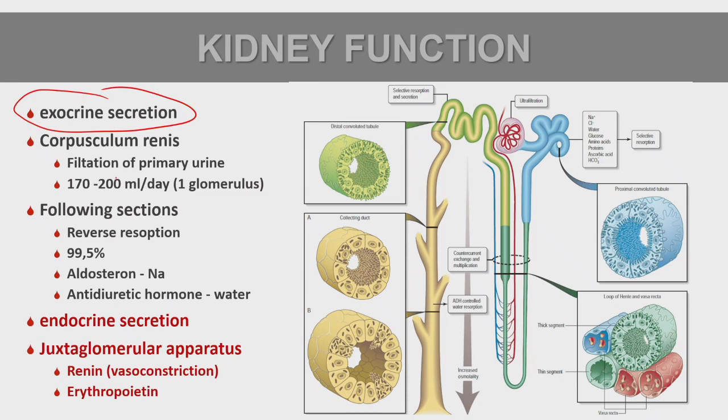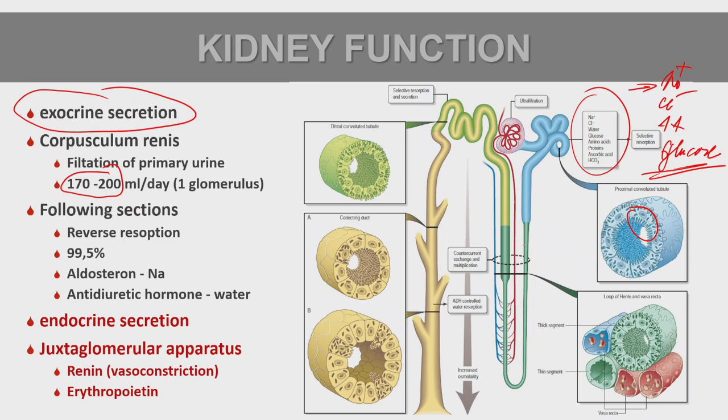The filtration of primary urine is about, I have said, 200 milliliters a day in one glomerulus, and in following sections, the reverse resorption, and you will see it in histology, that there are cells which are able to resorb natrium, chloride, also amino acids, glucose, and other important substances.